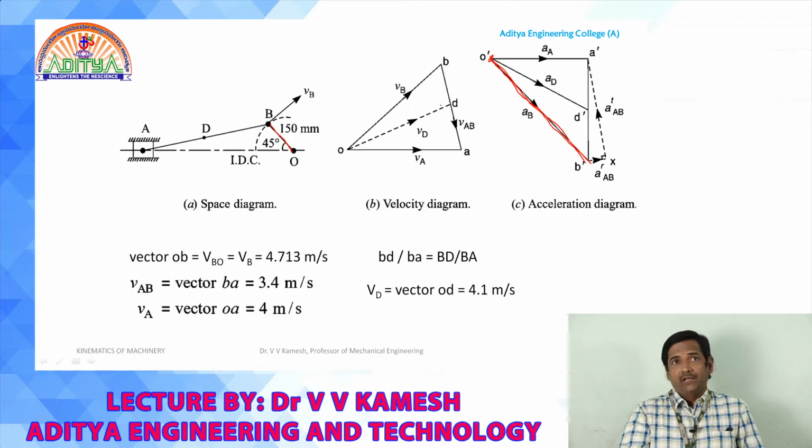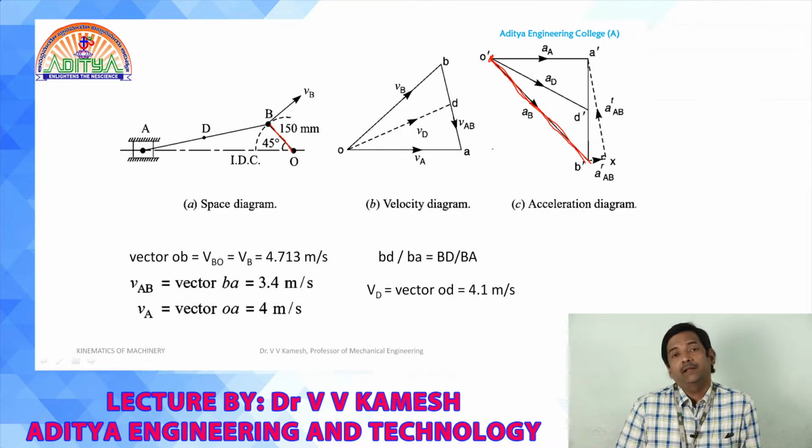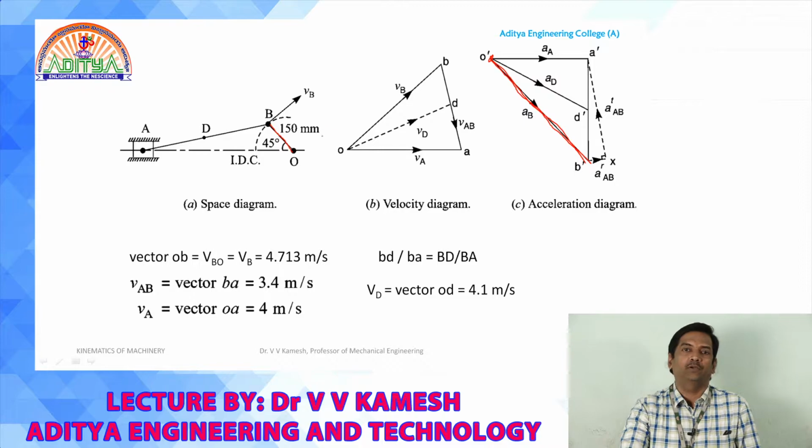After this, we need to switch over to BA, that is the connecting rod. Except the starting and ending, in the middle whatever link we have, we will have the radial component and tangential component. The radial component will be parallel to the link and the tangential component will be perpendicular to the radial component.